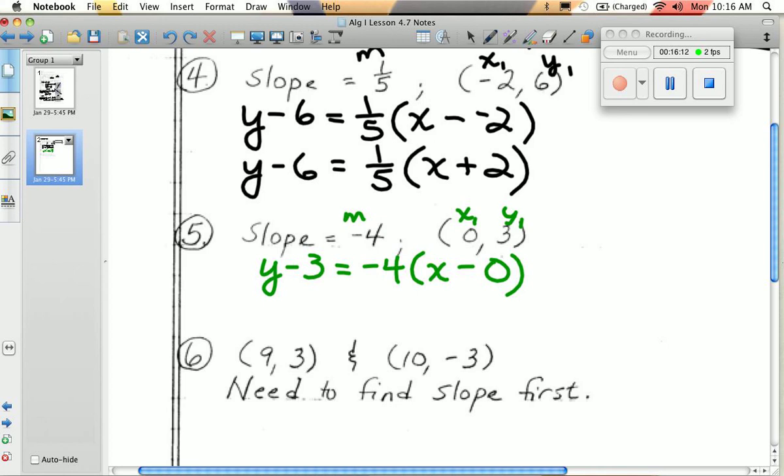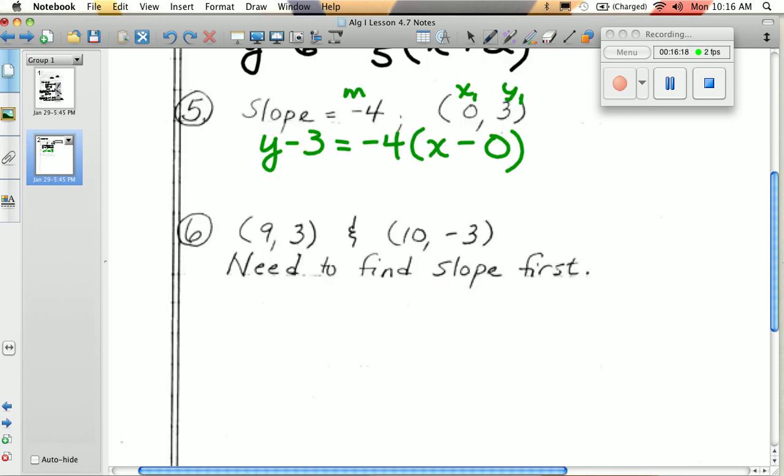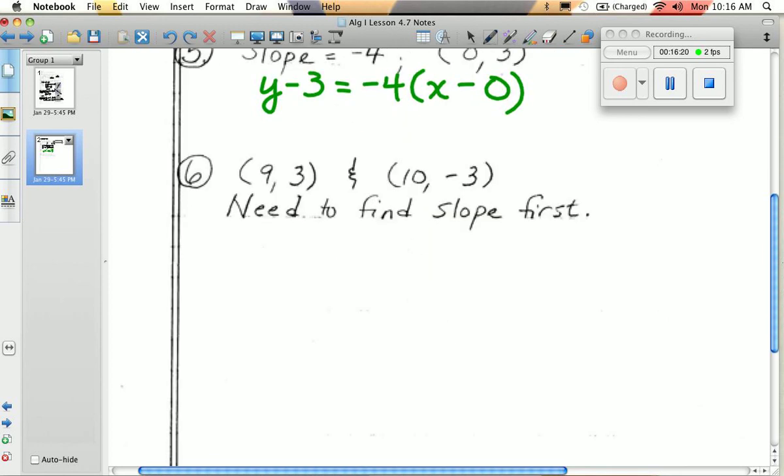Okay, so any questions about being able to do that? We'll do one more here. What if they give you 2 ordered pairs? Okay, listen up, my shortcutters. There's 2 things we're going to do here. We need slope first. And then, after we have the slope, we have 2 points.